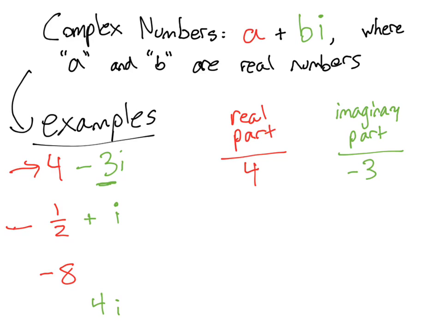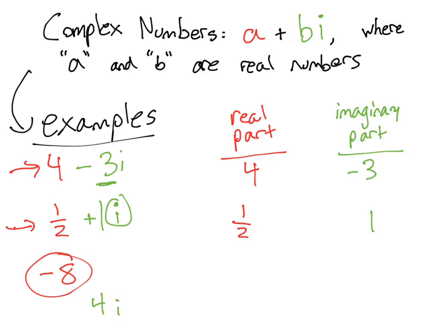The real part of this example is 1/2, and the imaginary part is 1, because when we see this i written by itself, another way we could think of that is it's just 1 times i. And in fact, even numbers that don't seem to have a real part and an imaginary part can be considered as complex numbers, just with one of those parts missing.